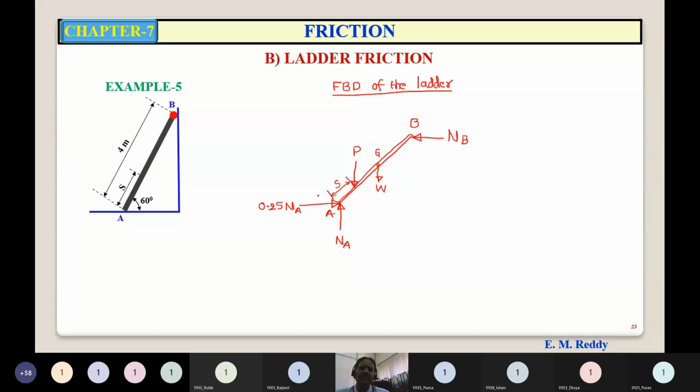Now what is the total length of the ladder? 4 meters. So the position of the center of gravity is at 2 meters.